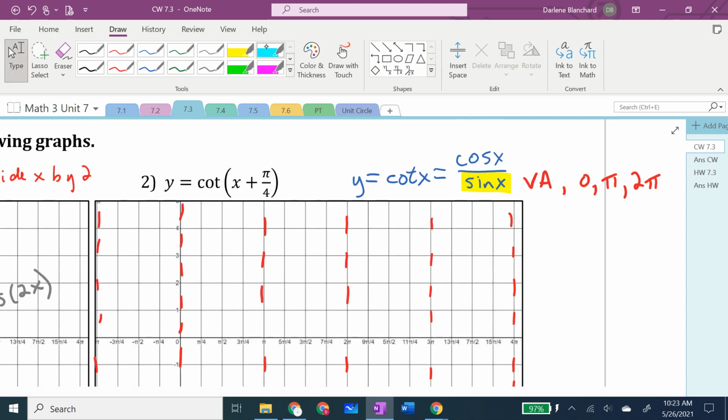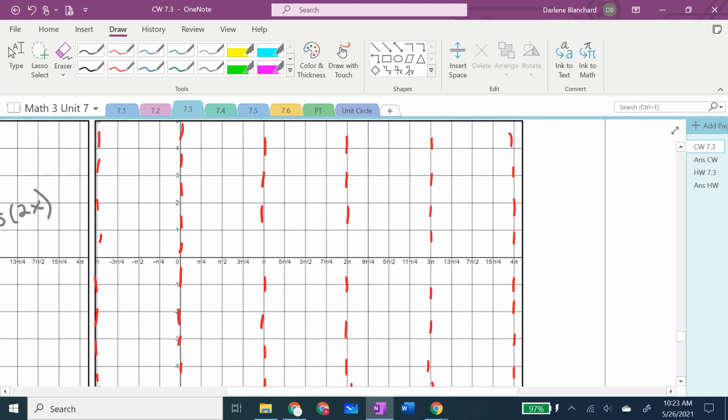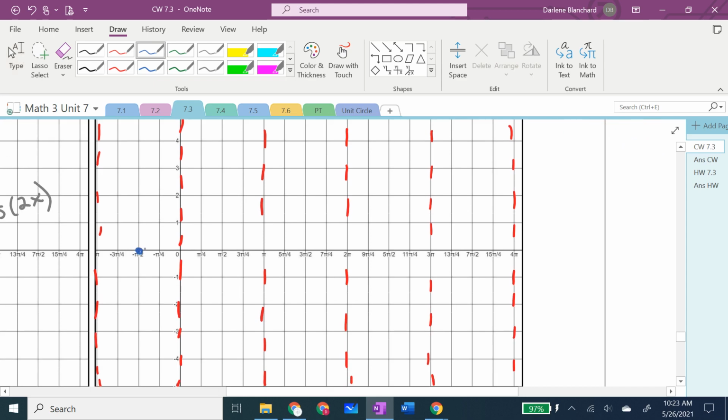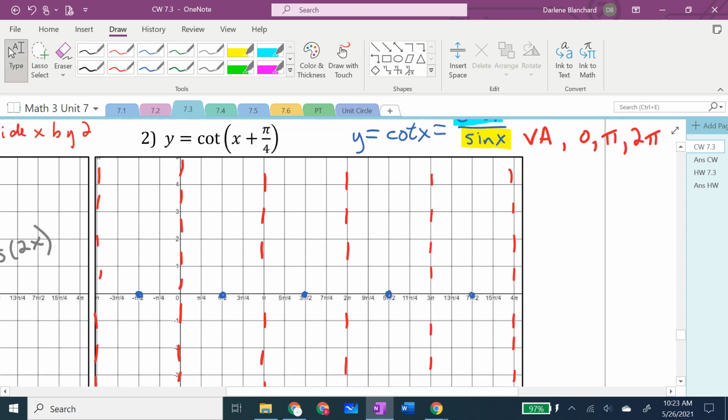The other thing to remember with cotangent is the function that is its numerator tells me where my x-intercepts are. My x-intercepts are where cosine is equal to 0, which is negative pi over 2, pi over 2, 3 pi over 2, all the over 2's. So I'm going to plot those points. The other thing to remember about cotangent is whether it heads upward or downward.